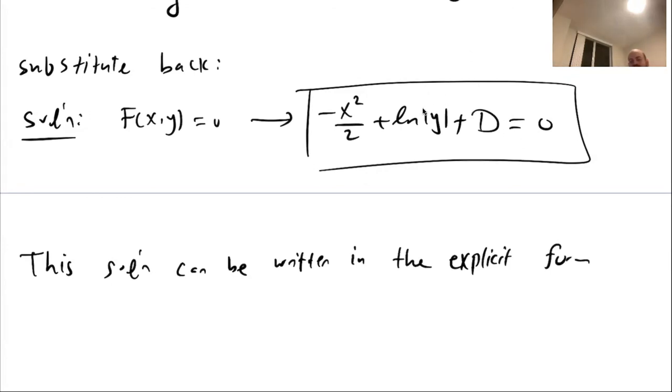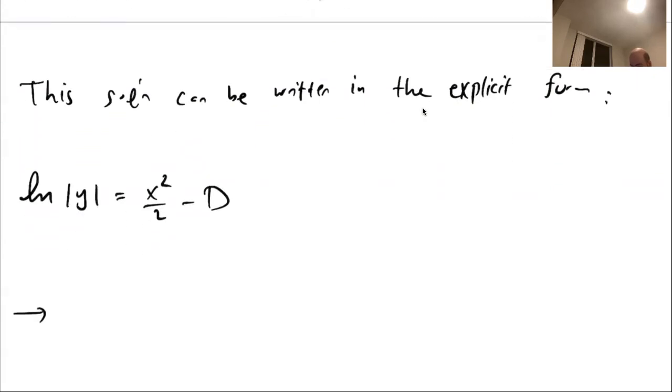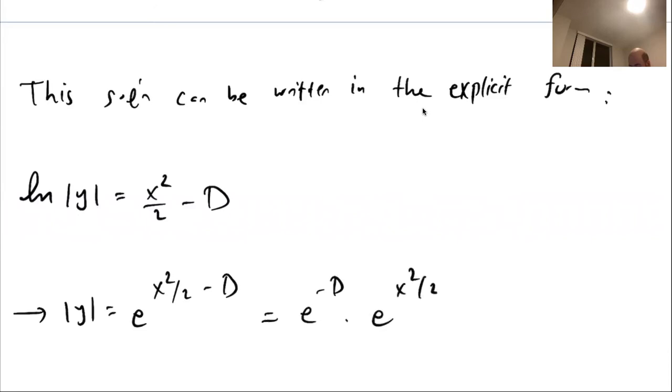It's implicit, but I can write it as y equals a function of x. I just need to take the first and third term to the other side. ln absolute value y equals x squared over 2 minus d. And then that means absolute value y equals e to the power x squared over 2 minus d, which I can write as e to the power minus d times e to the power x squared over 2.